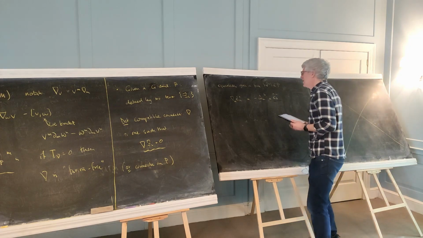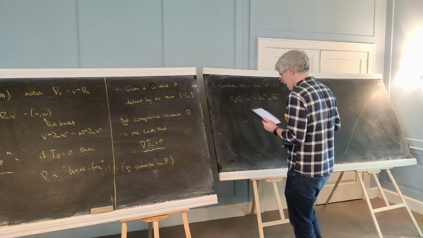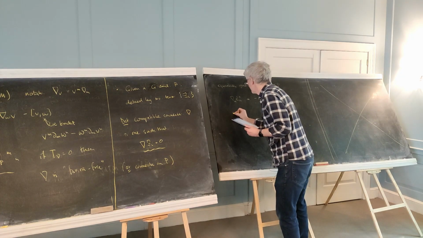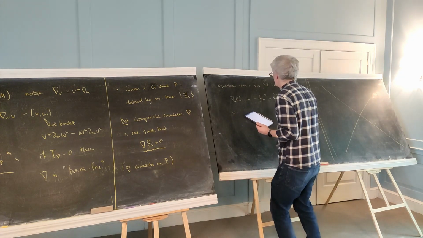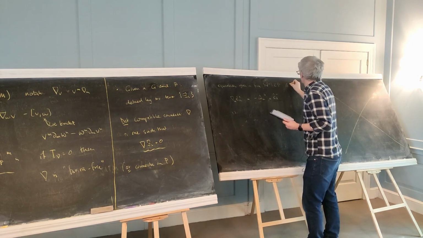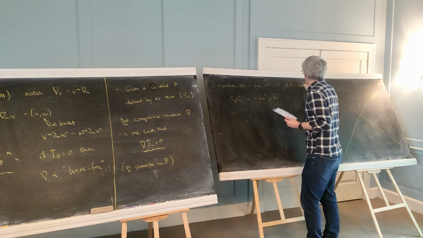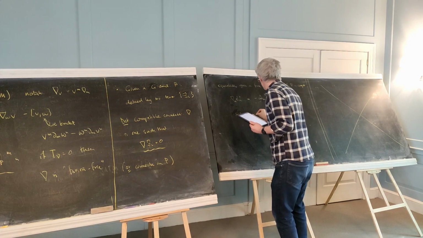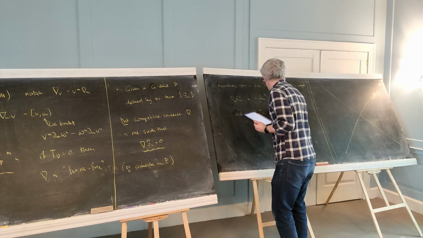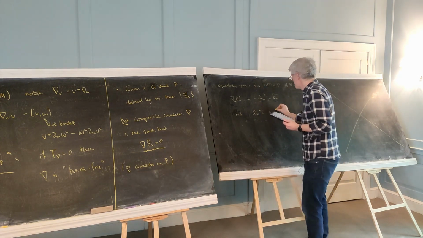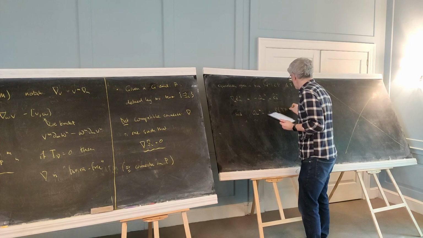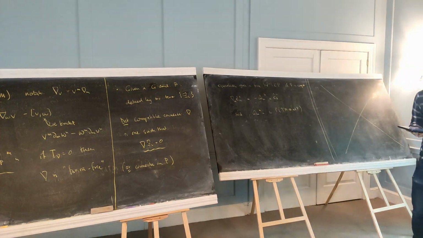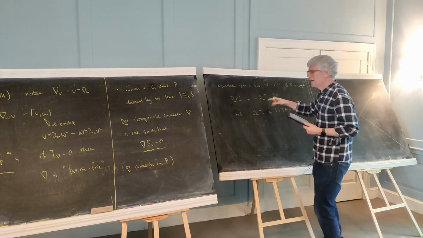If nabla is compatible, then you get this, and these guys have to live in things that act in the adjoint of P. Think of them as things in the Lie algebra.